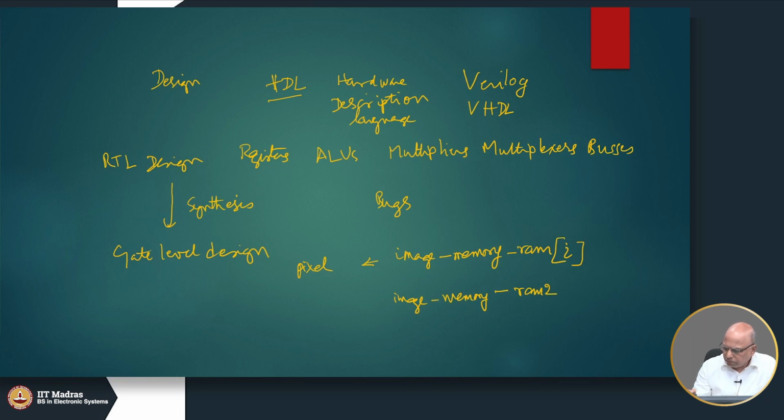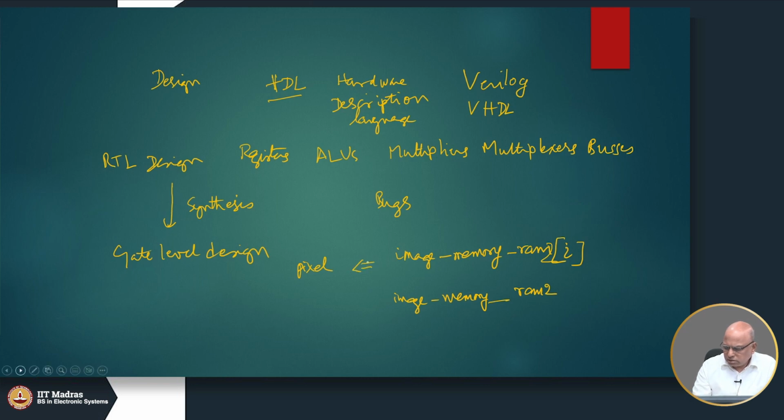So, people may have designed, and by mistake we may have copied the wrong one. We intended to write 2 here, but we forgot. We made a mistake, and both of them are valid. So, we are copying the wrong variable. This is not a syntax error.